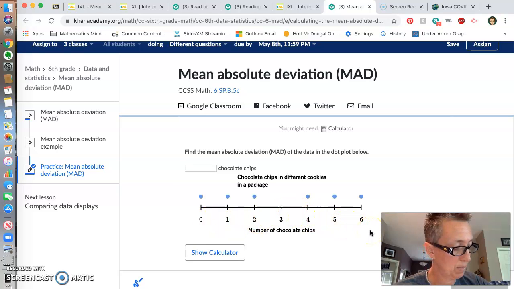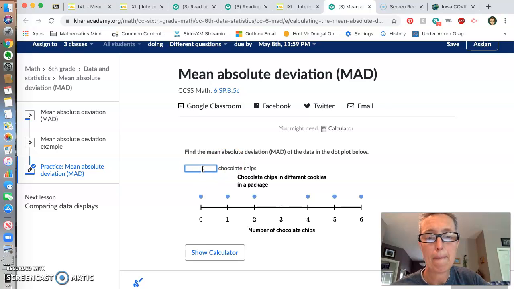And I added those up and got 18, divided by those 6 numbers, and got a mean of 3. So then when I subtracted 3 from each of these numbers, and added those up, I got 12. If you write that down, you'll be able to see it. And then divide by those 6 numbers again, and 12 divided by 6 equals 2.